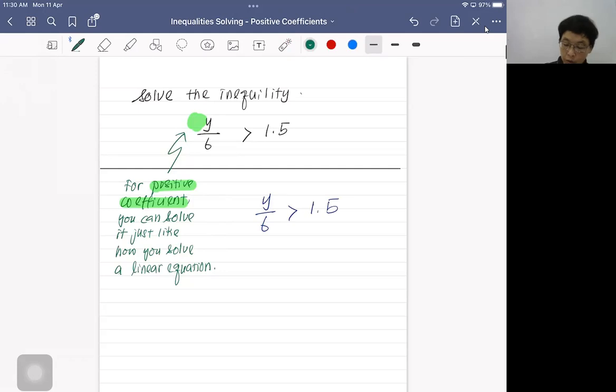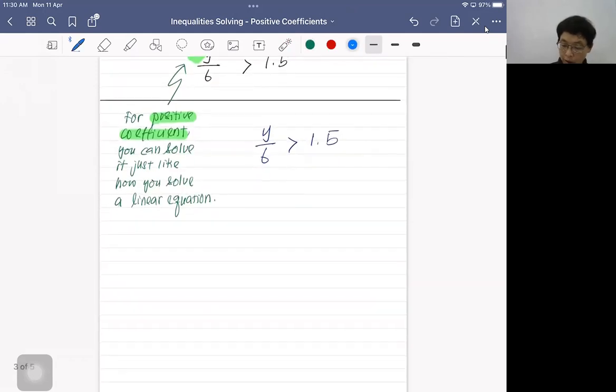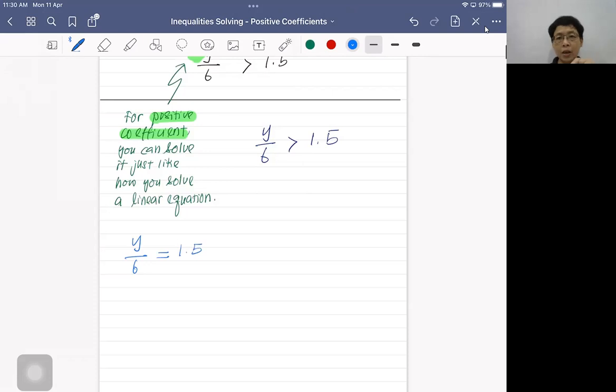If you were to encounter y divided by 6 equals 1.5, I'm sure you will know that I would just multiply both sides of the equation by 6. Yes, exactly. Once you multiply 6 to both sides, you get this, then y equals 9. And you have successfully got the solution for y.